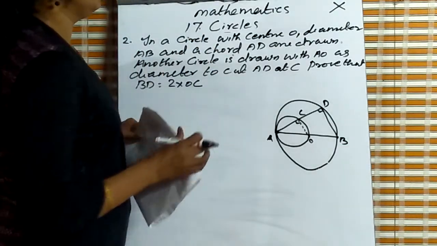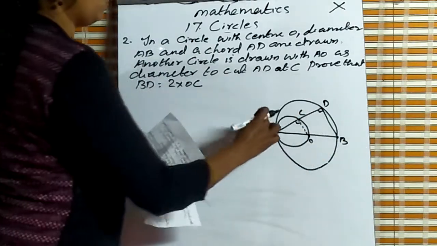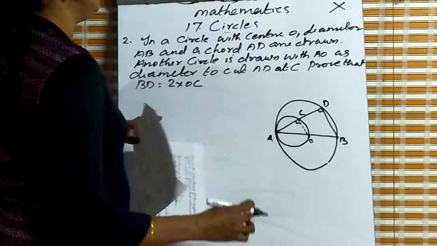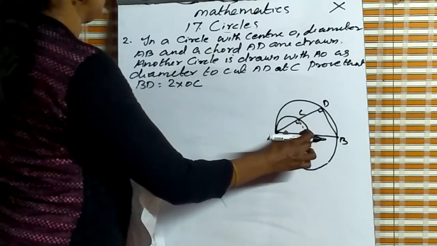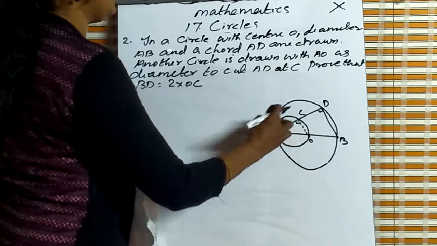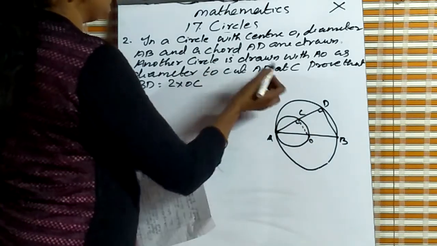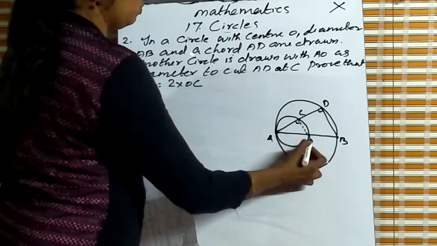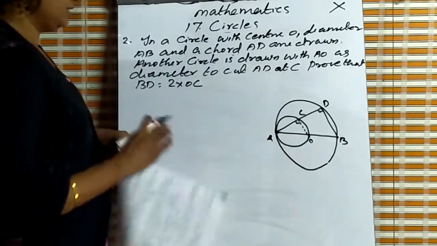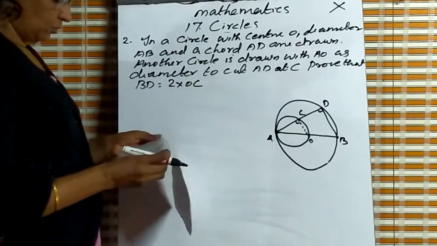In a circle with center O, a diameter AB and a chord AD are drawn. Another circle is drawn with AO as diameter to cut AD at C. Prove that length BD is equal to 2 times OC.